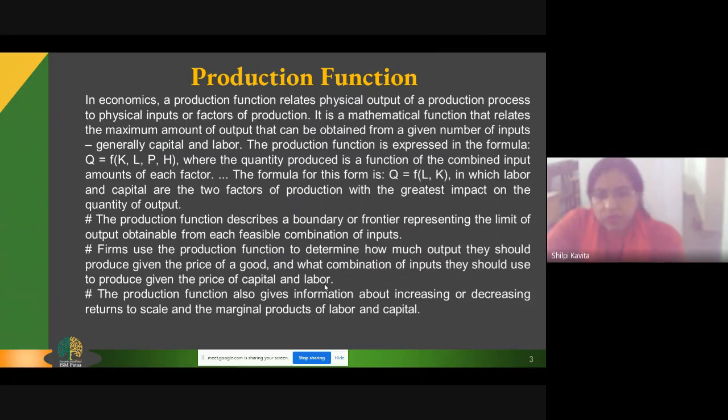Then firms use the production function to determine how much output they should produce given the price of a good, and what combination of inputs they should use given the price of capital and labor. The production function also gives information about increasing or decreasing returns to scale and the marginal products of labor and capital.